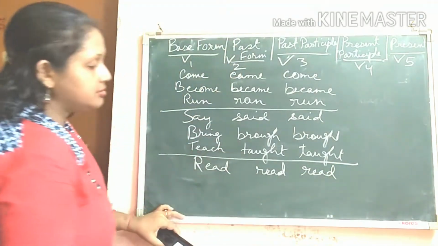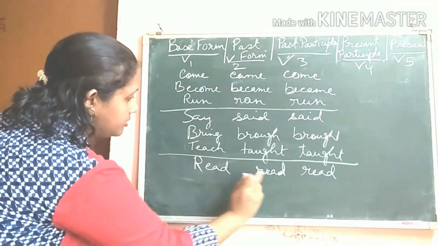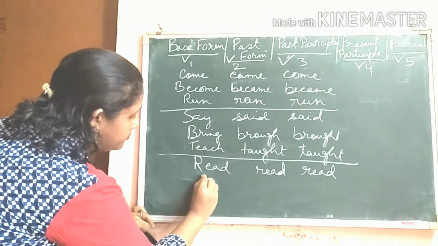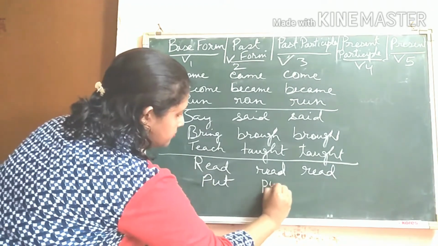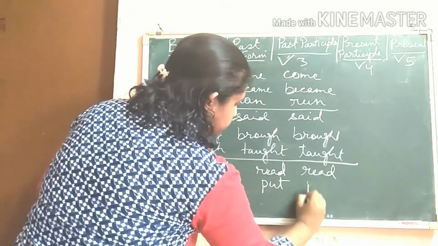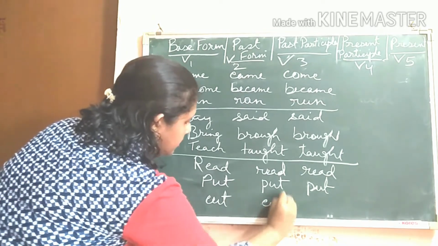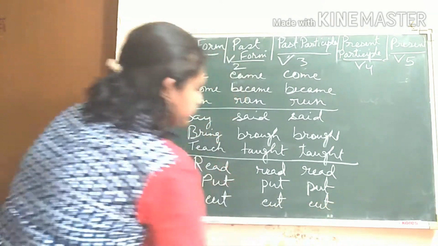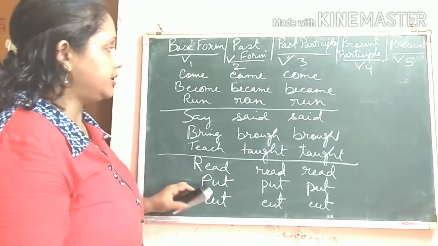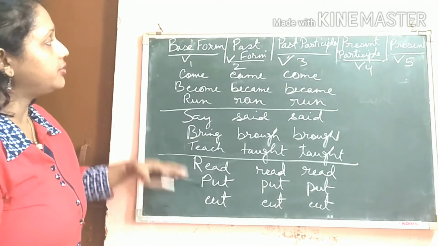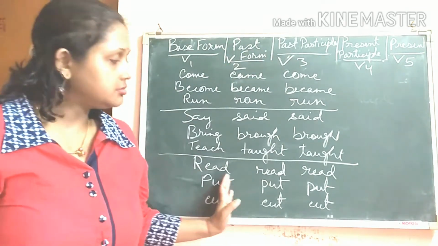But the spelling, these spellings are same. Then put, cut, hurt, hurt, hurt, and so many examples we will get like that. This is the third form where all these base form, past form, and past participle three are same.